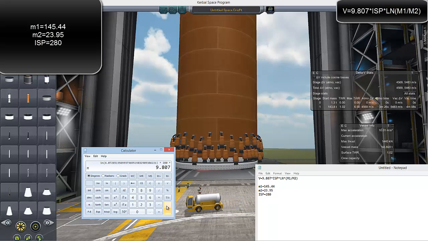Also, it's better to have some leeway, so we can do that, and it gives us a specific impulse of 4,953. Now let's go back and do this number times 9.807 times it by the 250, and it's slightly under that.